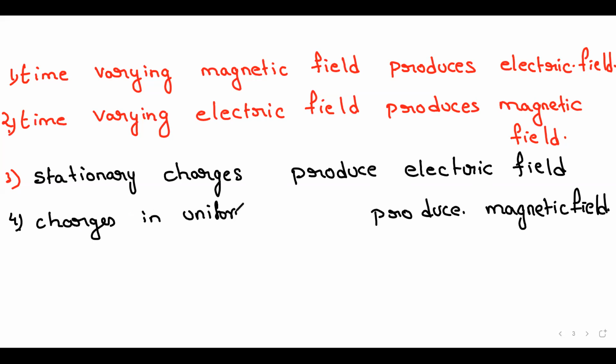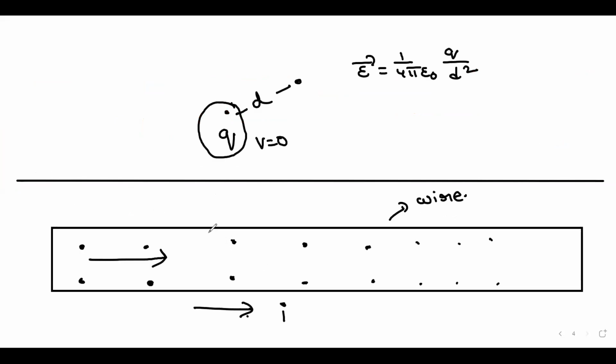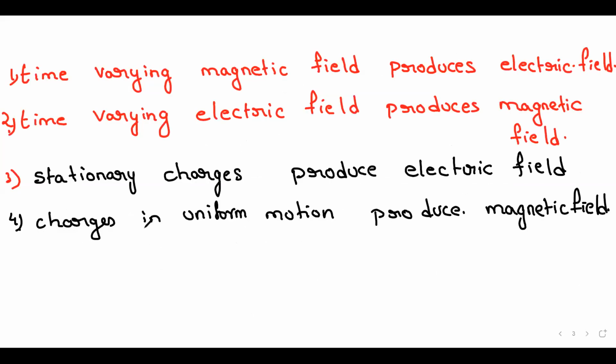Since there is a current I flowing in this wire, it generates a magnetic field which is given by B is equal to mu naught I by 2 pi r. The meaning of this statement is a current carrying wire produces magnetic field.